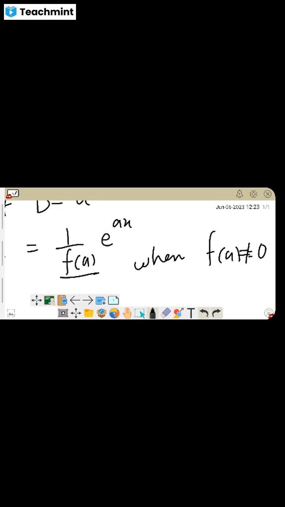So we can find PI when f(a) is not equal to 0.